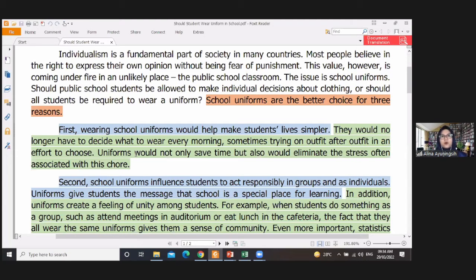So it's like a causal relationship. So this student who wrote this argumentative essay used the backing argument with the causal relation. And now we move on to the second paragraph, to the second reason.